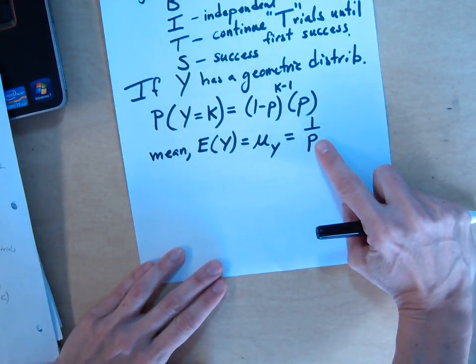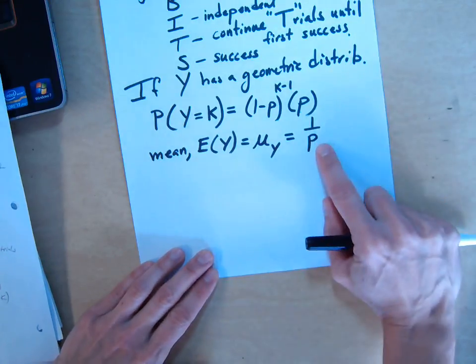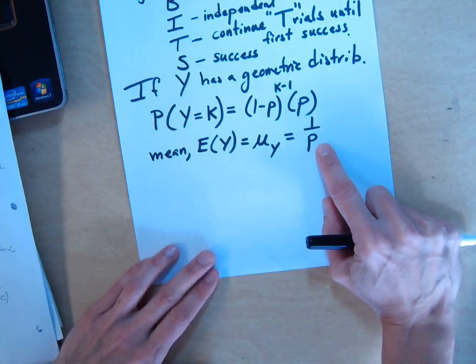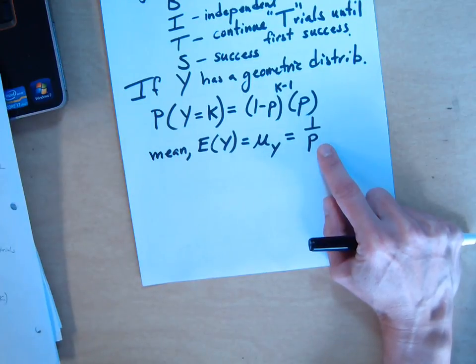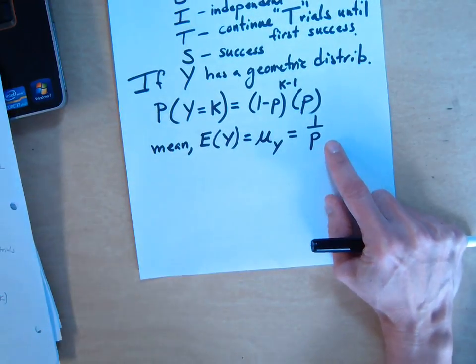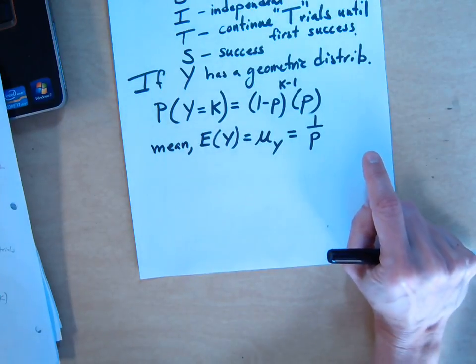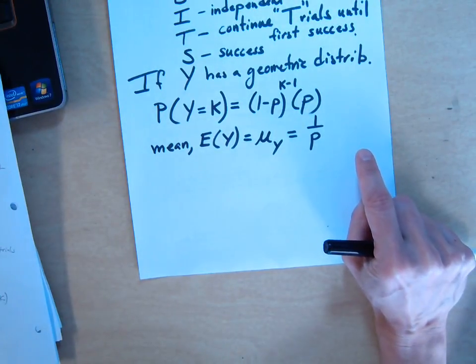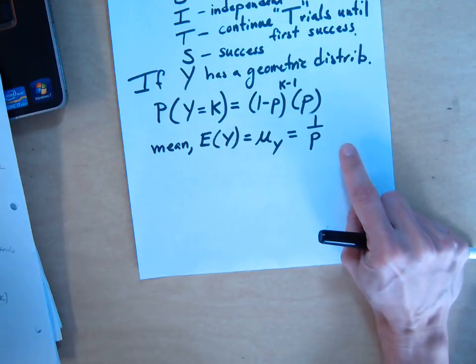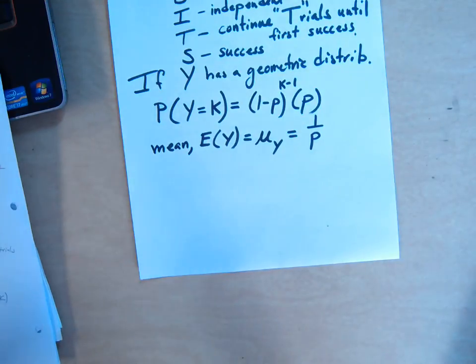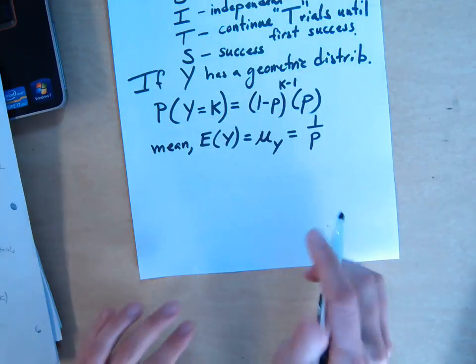The probability of getting it right is 1/7, so the mean is 7, 1 over 1/7. So should you take 10 homework problems, or should you play the game? We'll probably play the game. But of course, you never know. It might take you a really long time, and then you'll regret playing the game, because the mean is, in the long run, you'll average out to 7 times before you get it right.